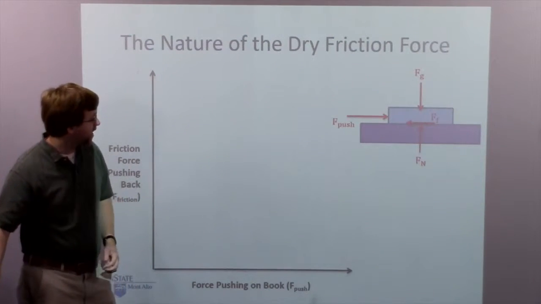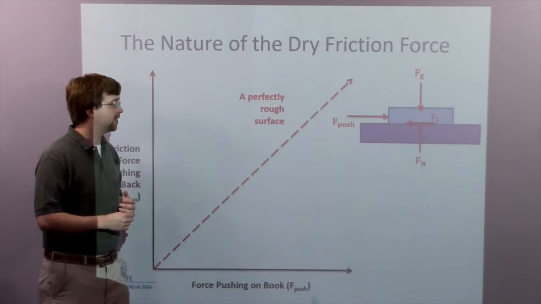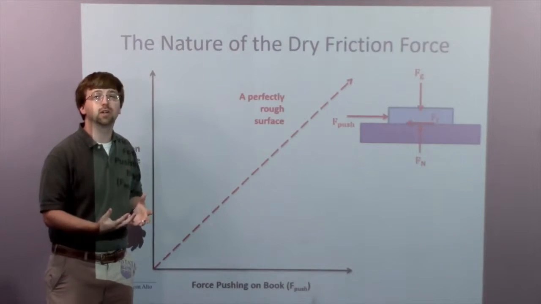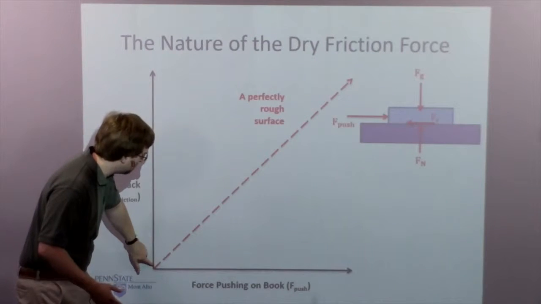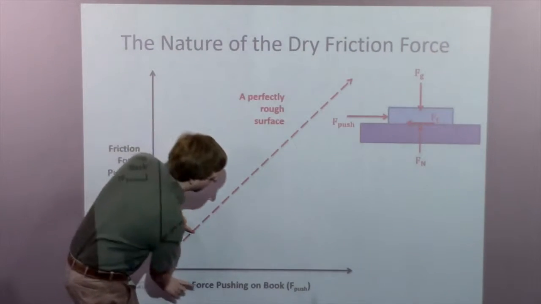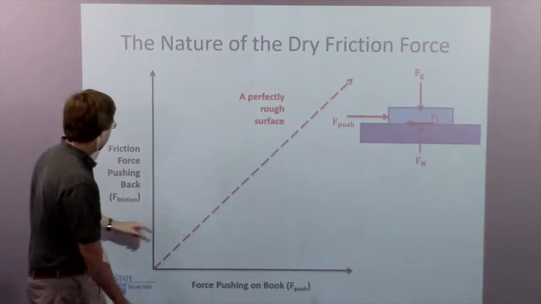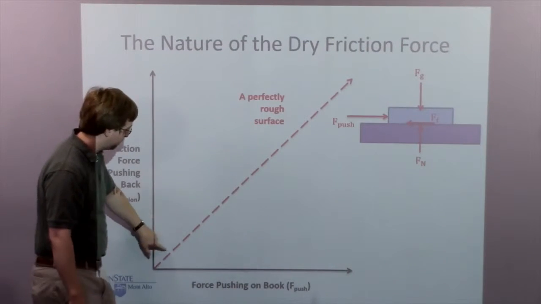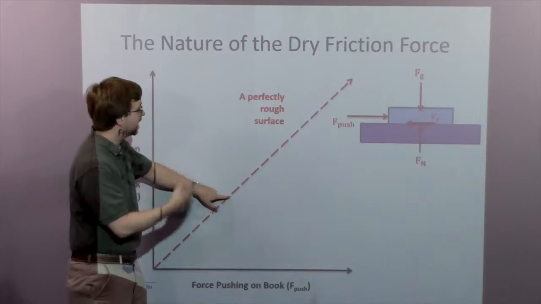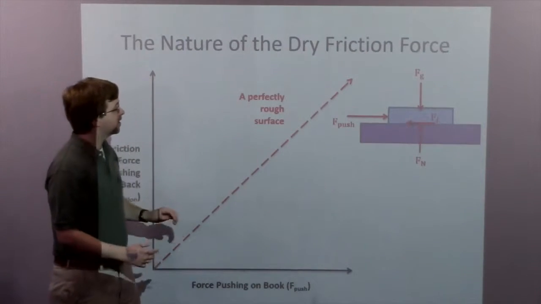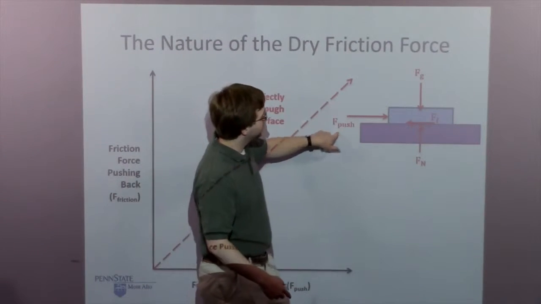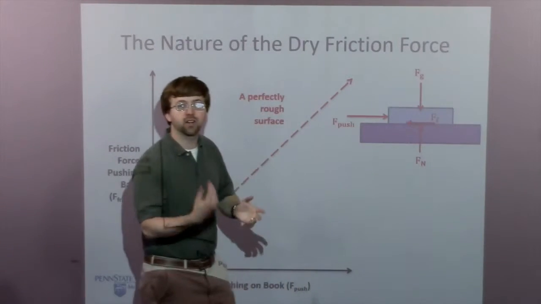So if we had a perfectly rough surface, this means that sliding is never going to occur. As I push harder and harder, the friction force pushing back is going to get higher and higher. This is a perfect one-to-one ratio so that these two forces, the pushing force and the friction force, cancel one another out.